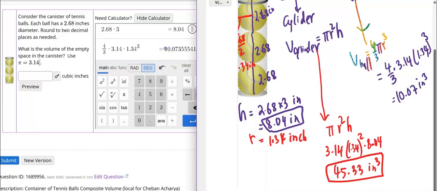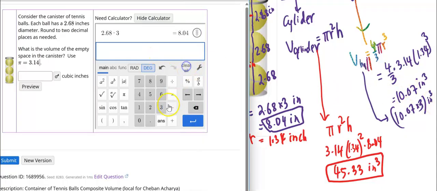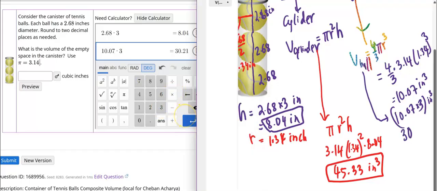So this is the volume of one ball. For three balls, the volume is going to be 10.07 times 3 inches cubed. So 10.07 multiplied by 3, you get 30.21 inches cubed. That's the volume of the three balls.